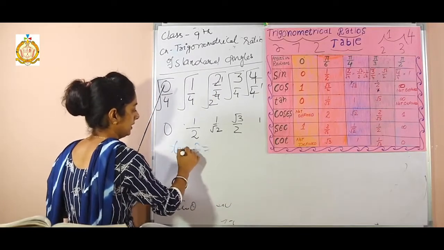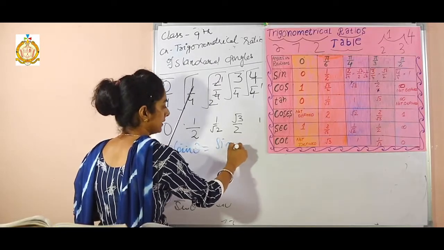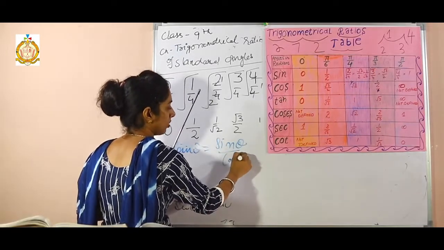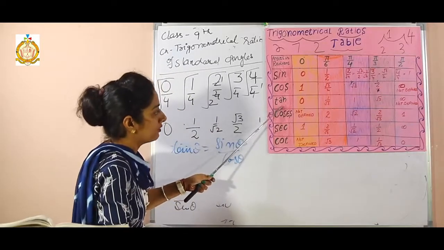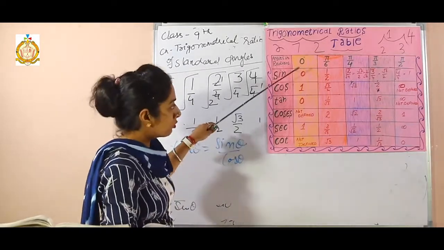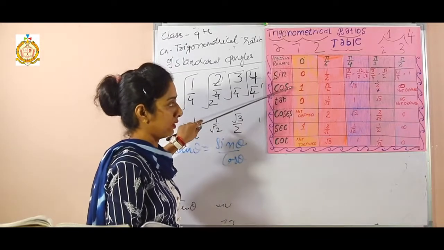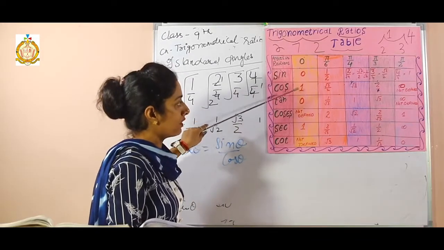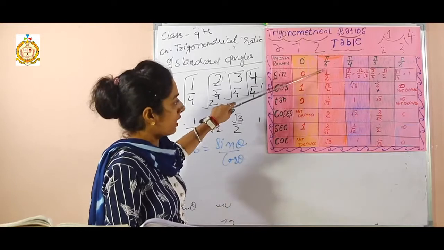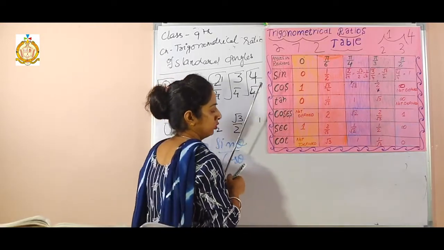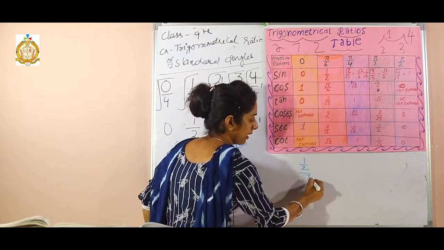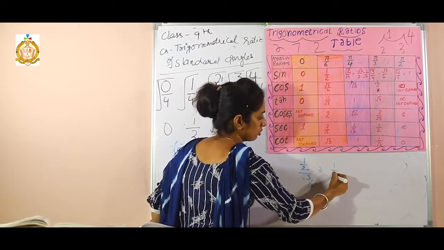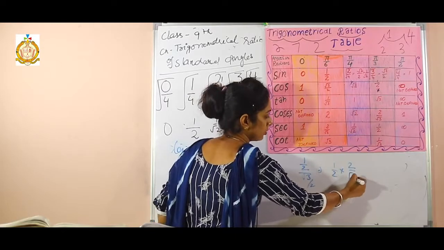We know that tan theta is equal to sine theta over cos theta. Now when we have to find the value of tan theta, we have to divide these two values, right? 0 over 1 is 0. 1 over 2 over under root 3 by 2 is 1 over 2 times 2 over under root 3.